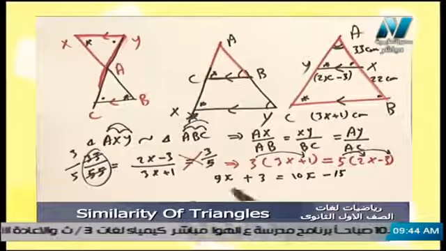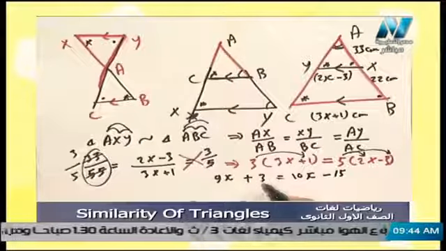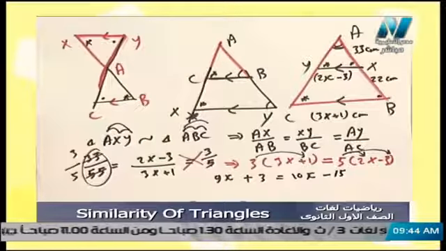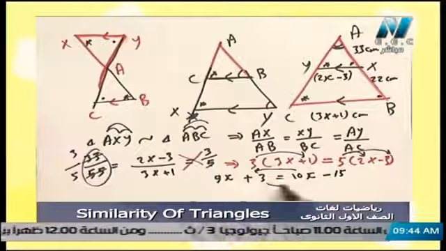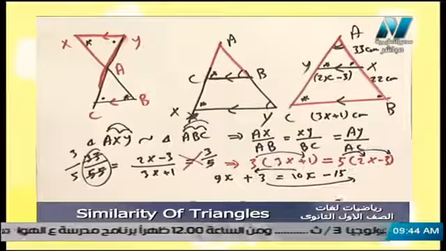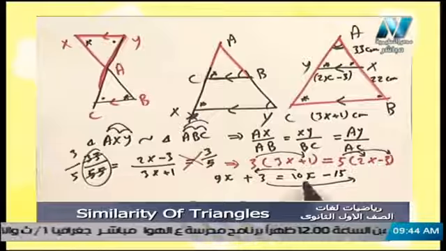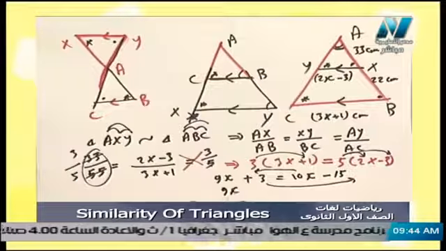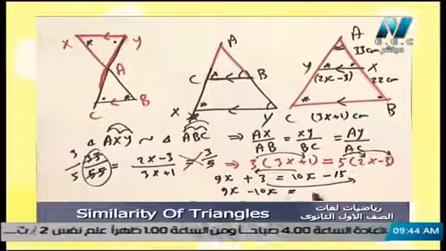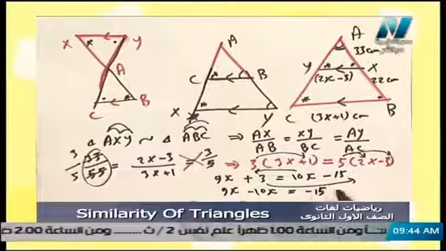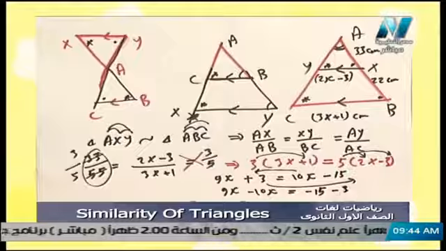So we have here 9x plus 3 equals 10x minus 15, and we will transfer 10x to be negative, and 3 will be negative also. So here 9x minus 10x equals negative 15 minus 3.